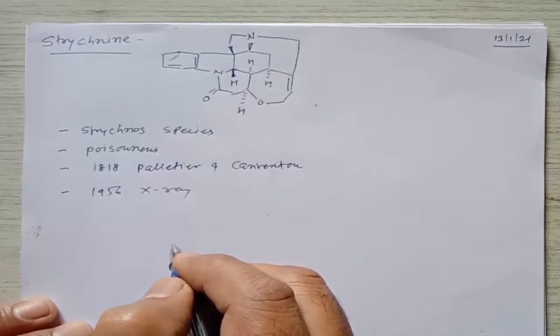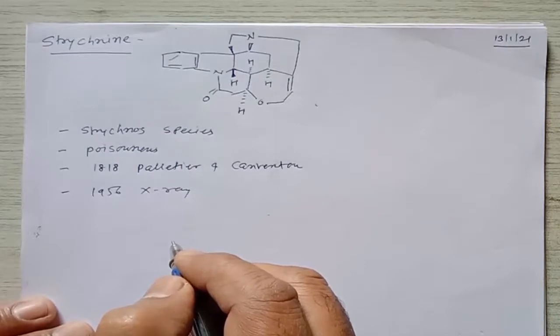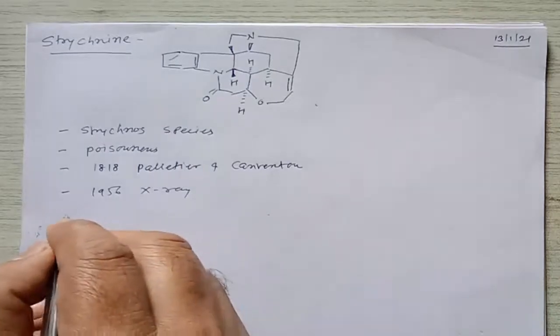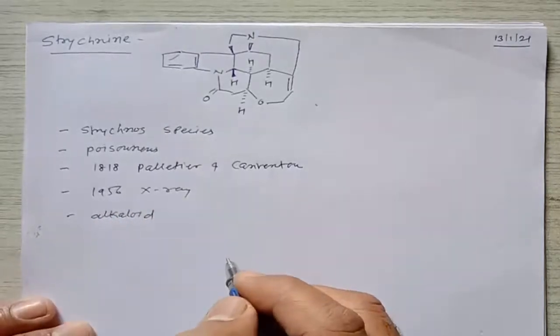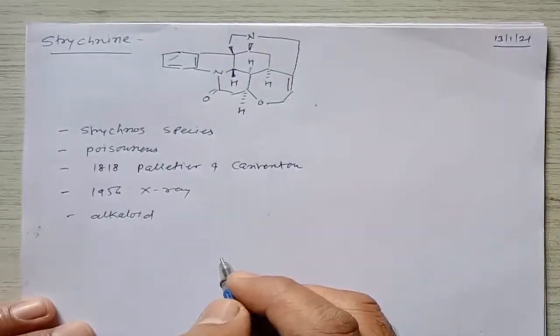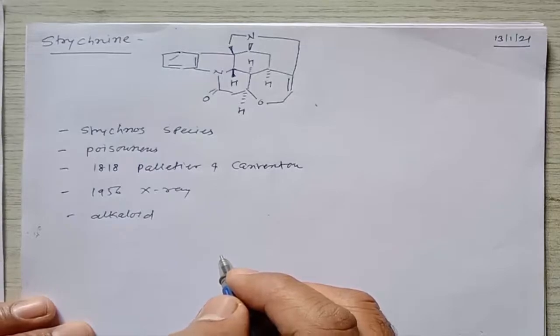This strychnine is an alkaloid molecule. It is from a family of alkaloid molecules, and it possesses a complex polycyclic structure which is assembled from 24 skeletal atoms.